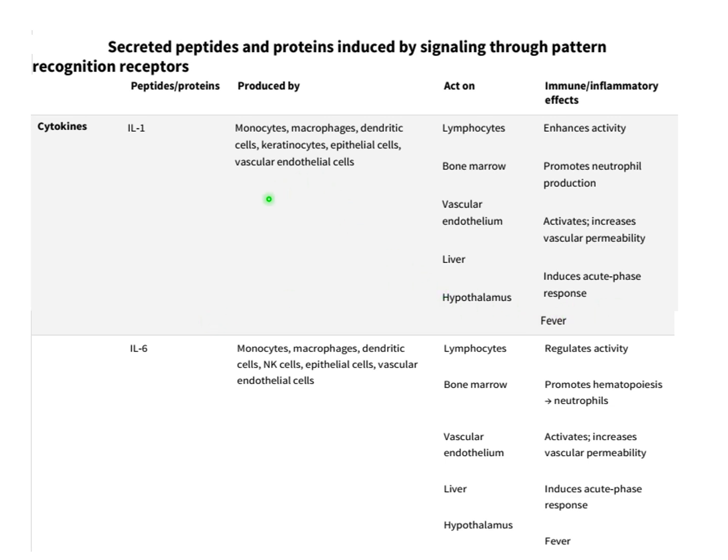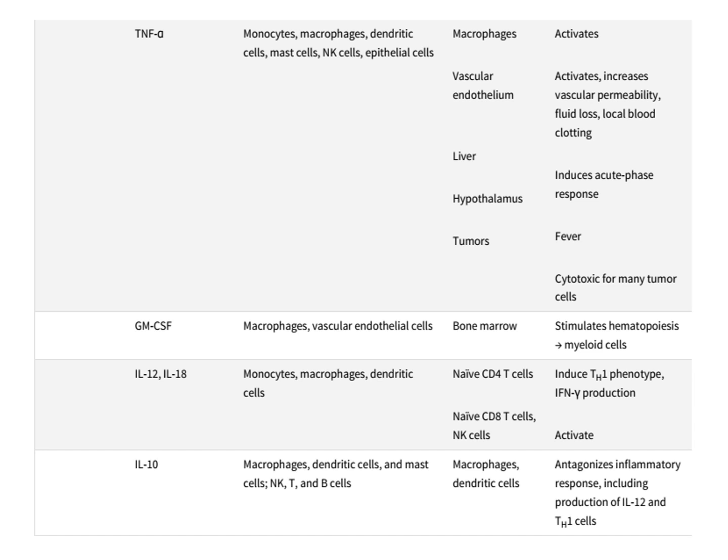So these are produced by these cells, and these are the cells on which they act, and these are their effects. Together with interleukin-1 and 6, you have this TNF-alpha or your tumor necrosis factor alpha, which we will be discussing under acute phase response.